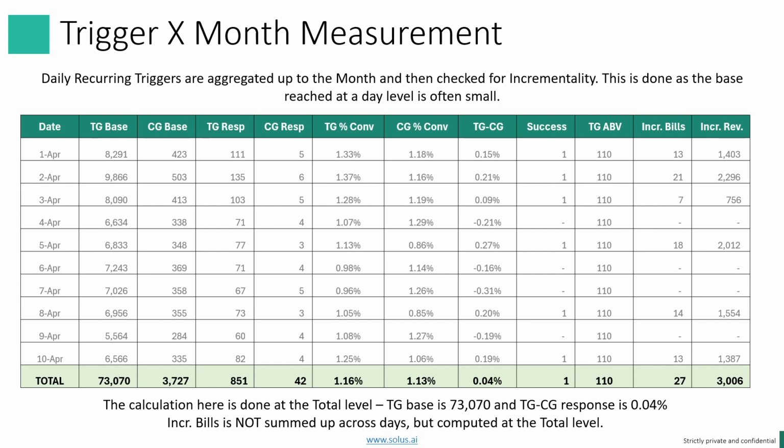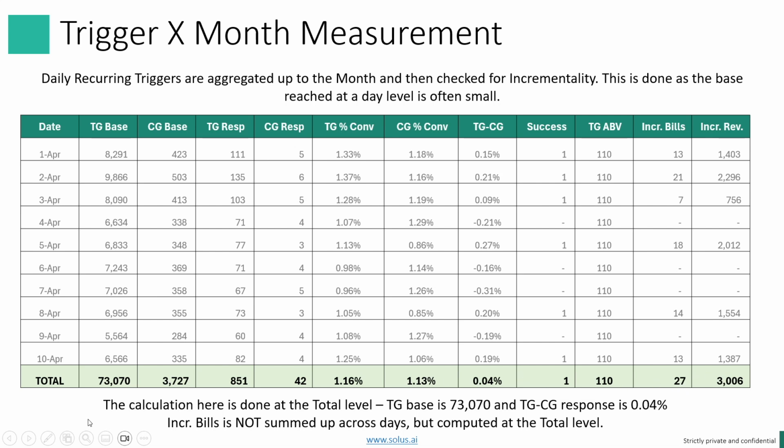The trigger cross month measurement basically says, for daily recurring triggers, we are going to check their incremental revenue after first adding up the total base and the responses at the month level. So you do this addition first, and then you look at the difference between TG and CG conversion percentage, and hence the number of incremental bills and incremental revenue.